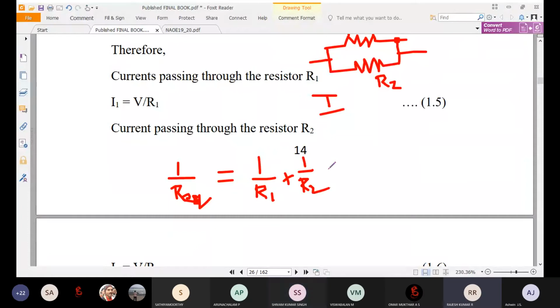R1 is equal to 5K, R2 is equal to 2K. What is the R equivalent value?